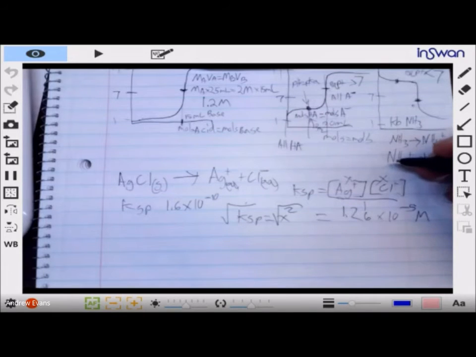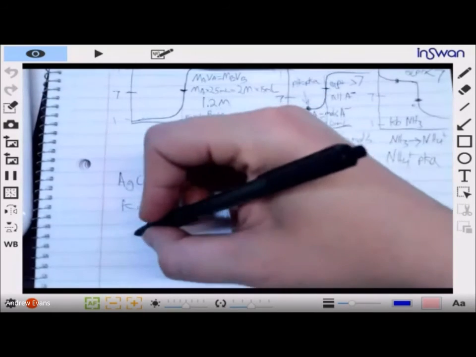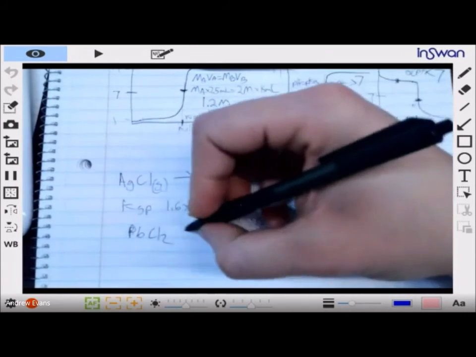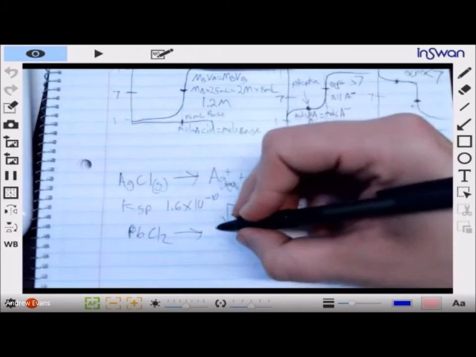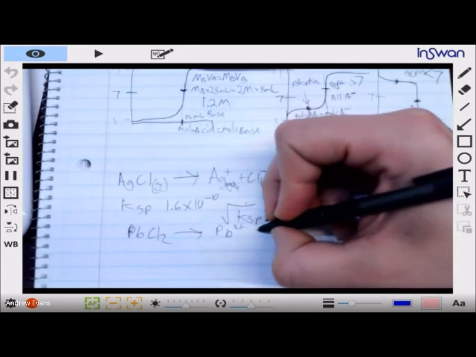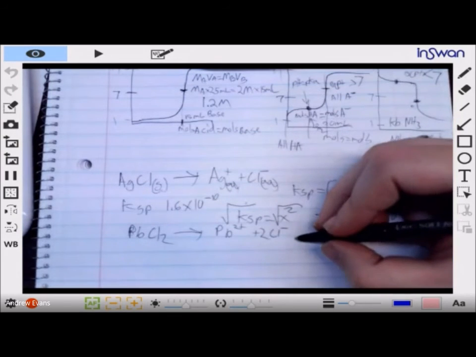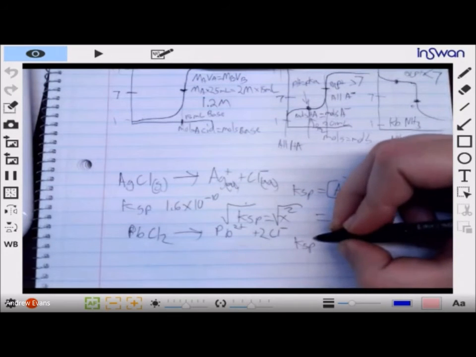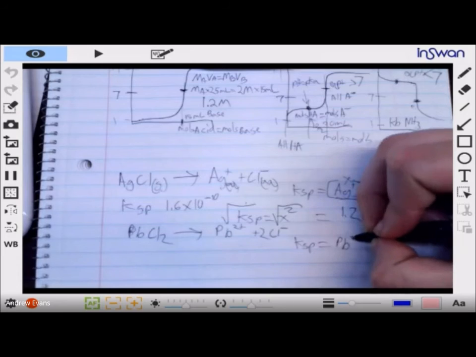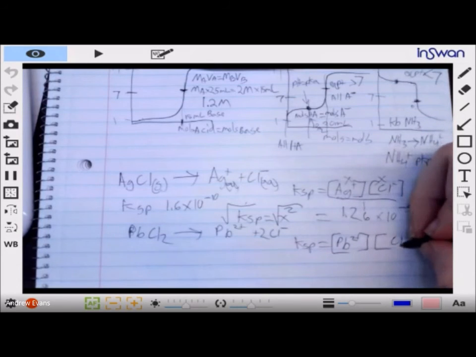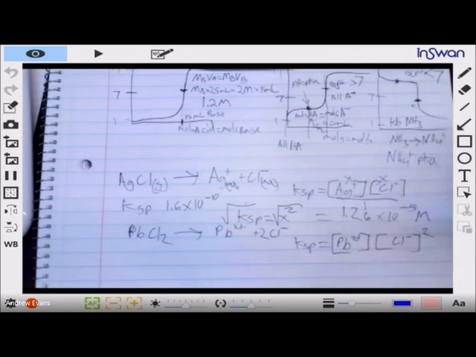The difficulty becomes if instead of silver chloride, you had something like lead chloride. And this is now breaking down into lead 2 plus and 2Cl minus. How would that change the expression? Well, KSP would now be equal to lead 2 plus and Cl minus squared.